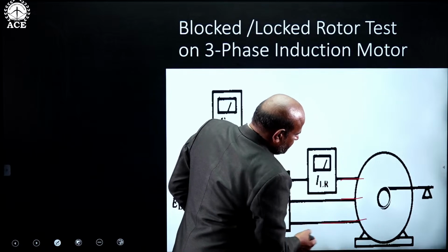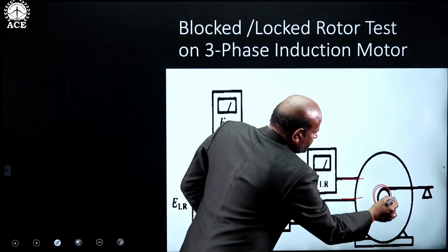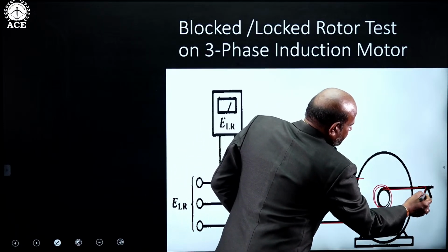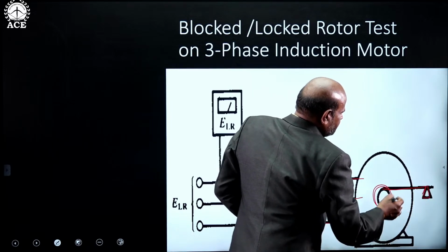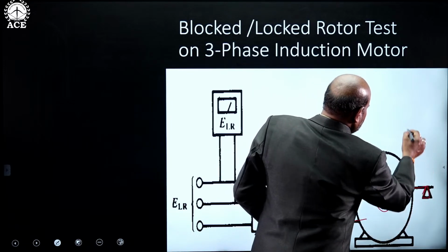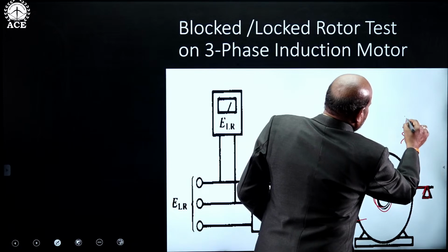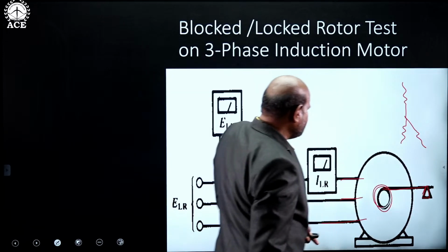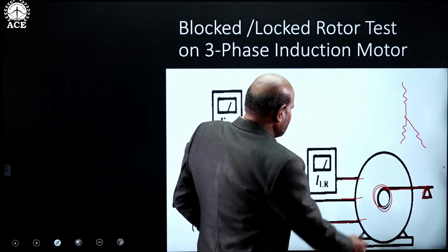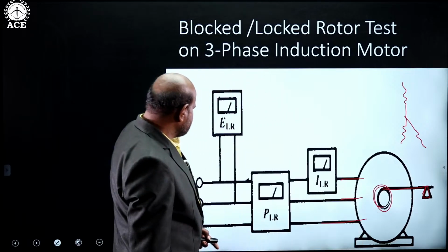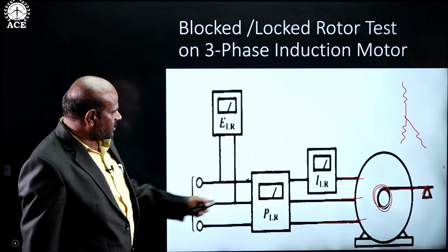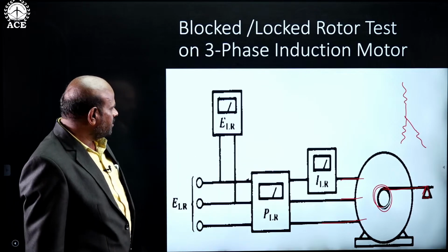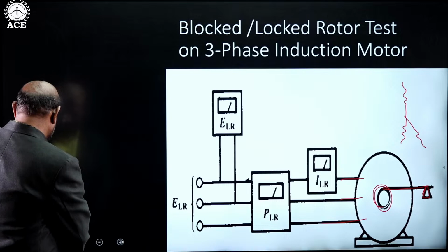We are giving 3-phase supply, and rotor is blocked by connecting 3 star connected resistors like this. By means of slip rings, we are going to block the rotor.